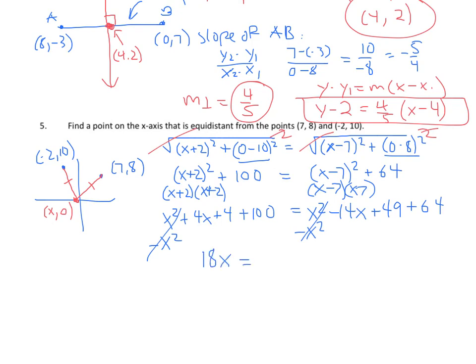And I'm going to get all my regular numbers to the other side, and that gives me 9. So I divide both sides by 18, and I get x equals 9 over 18, or x equals 1/2. So the coordinates of the point that would be equidistant from those 2 points on the x-axis would be 1/2, 0.